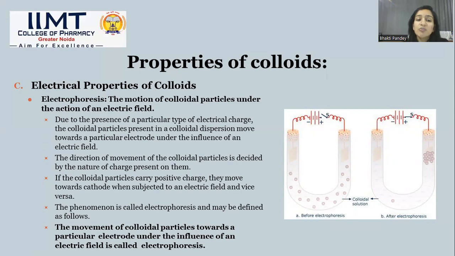The direction of movement is decided by the nature of charge present on them. If they have positive charge, they will move towards the negative electrode, and if they have negative charge, they will move towards the positive electrode. This phenomenon is called electrophoresis.